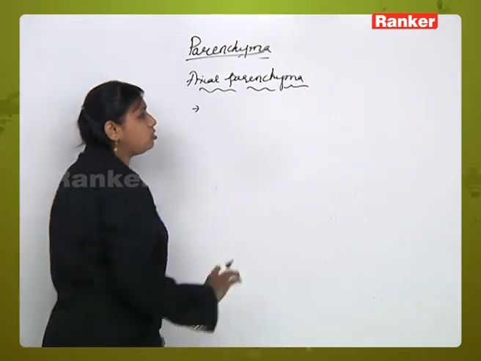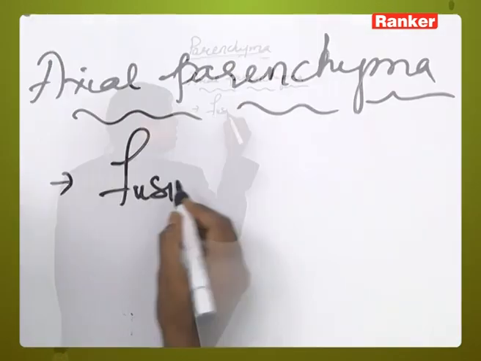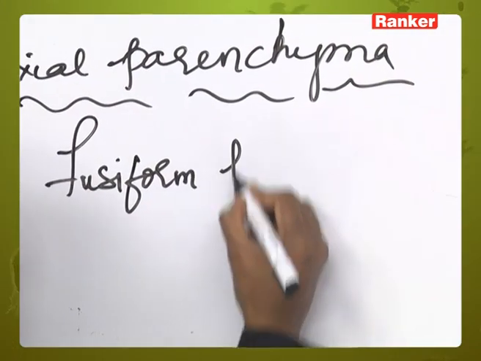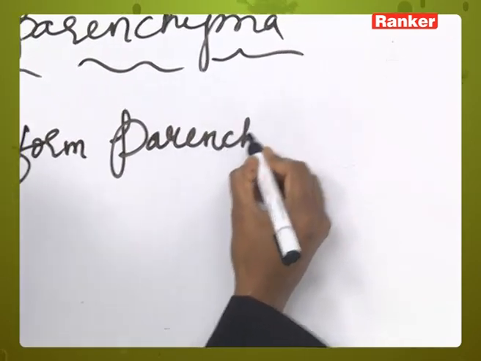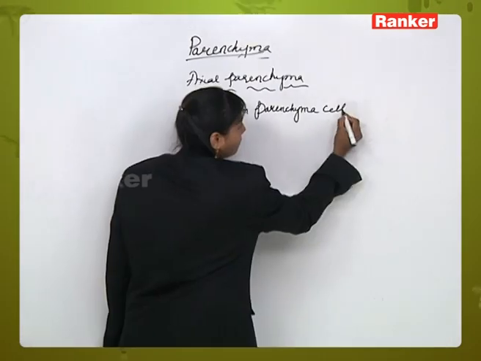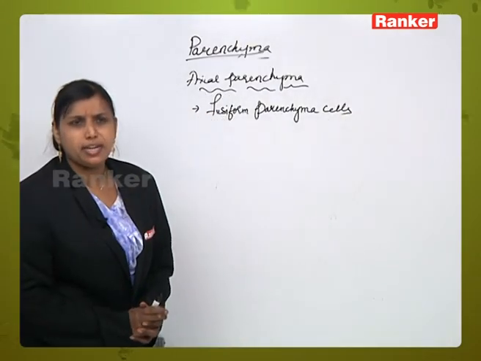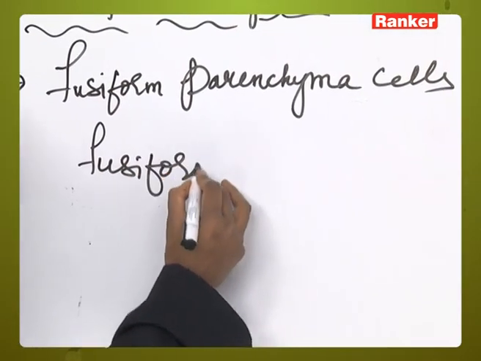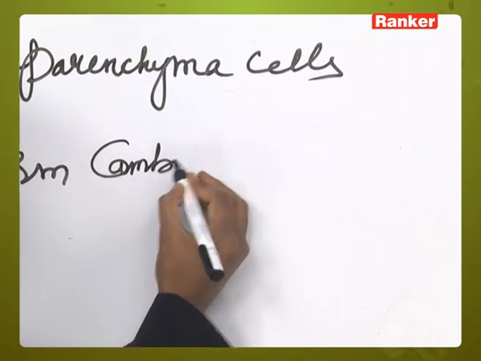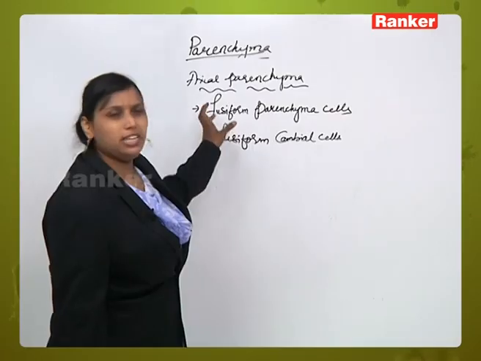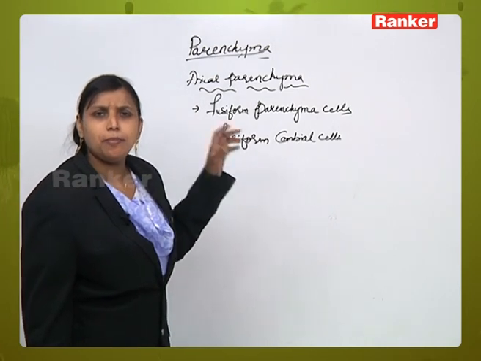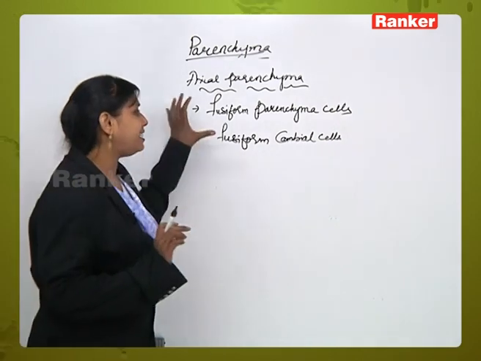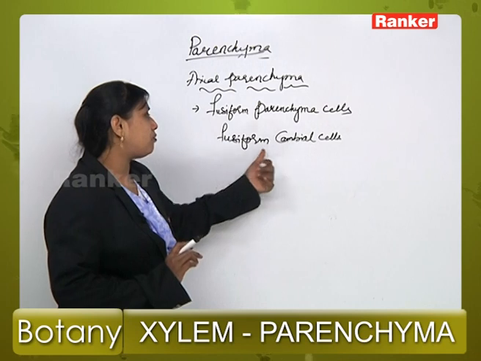Axial parenchyma is also called fusiform parenchyma cells. Why do we call it fusiform parenchyma cells? Because these are elongated cells derived from elongated fusiform cambial cells.